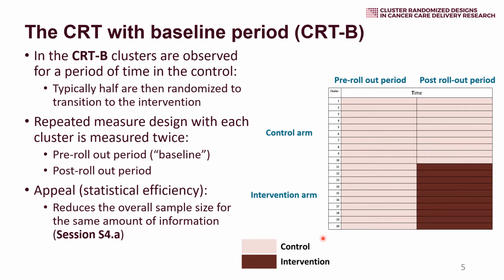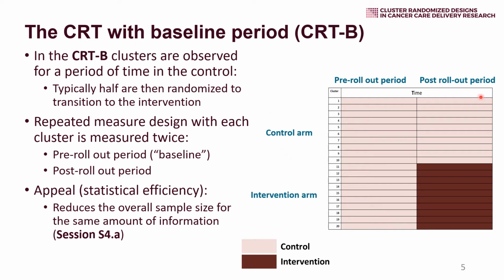So all of our 20 clusters are observed under the control condition. And then at a point in time, typically around halfway through the study design, in what we call the post-rollout period, half of the clusters are allocated to the control condition, and the other half of the clusters are allocated to transition to the intervention condition.